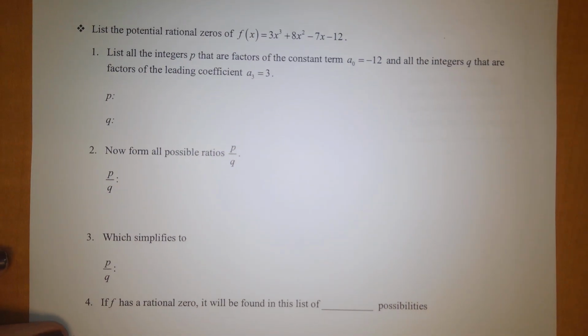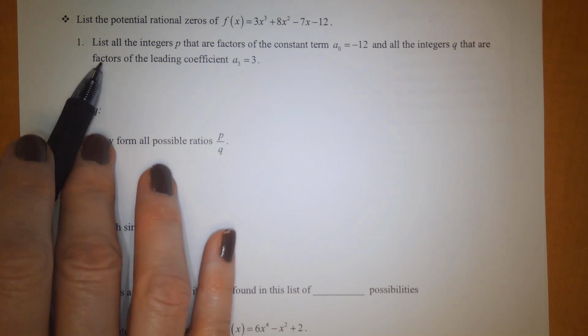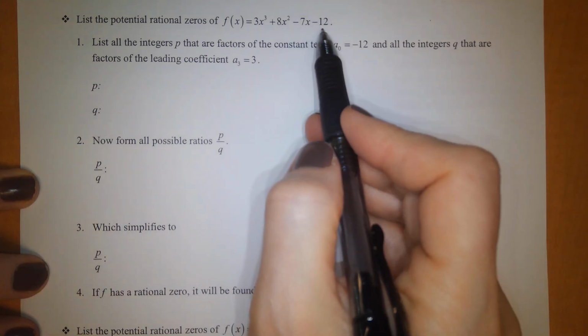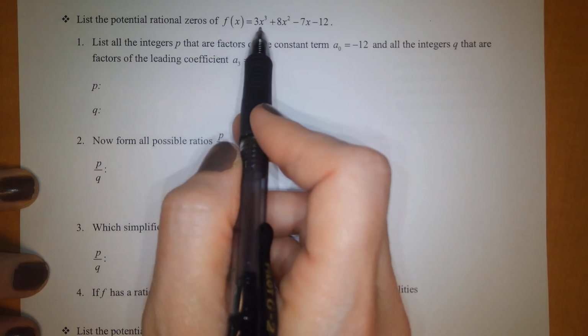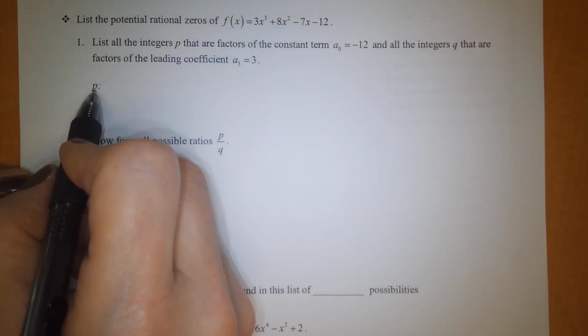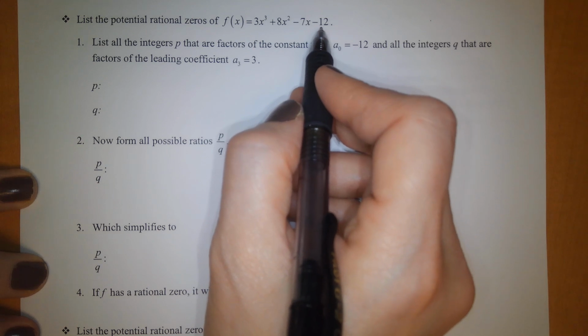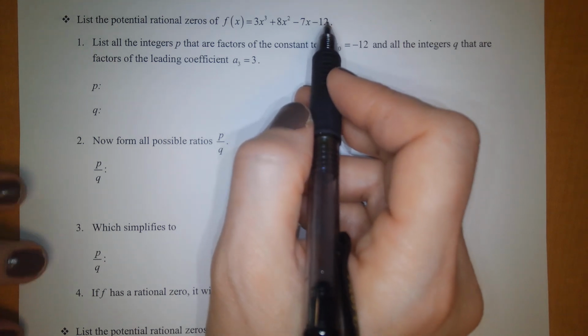So in the next problem here, we're going to list all the potential zeros by finding p and q first. We list all the integers p that are factors of the constant term, which is negative 12, and all the integers q that are factors of the leading coefficient, which is 3. So let's start with p. p is the last term, or the constant. And I want to list all the factors that will multiply together to make negative 12. Clearly, 1 and 12 will be two factors that make negative 12.